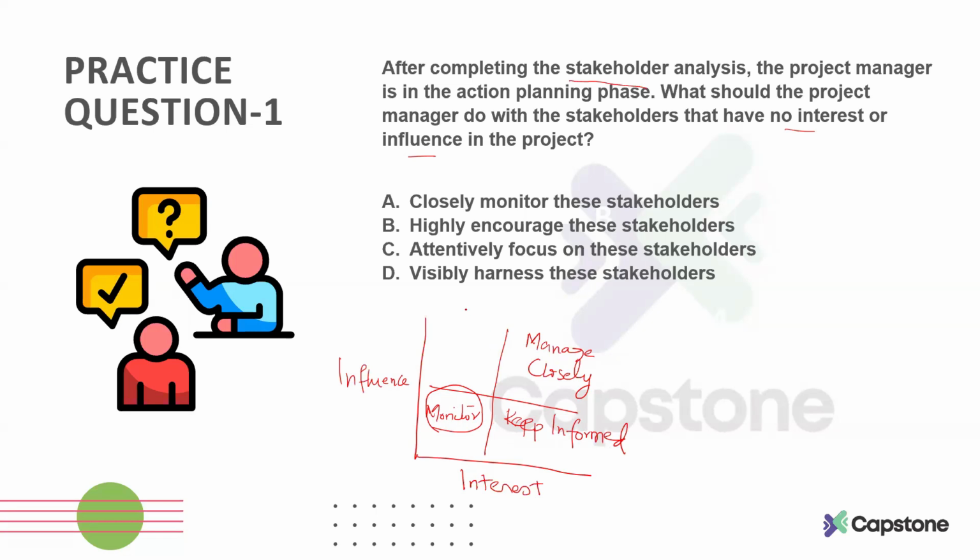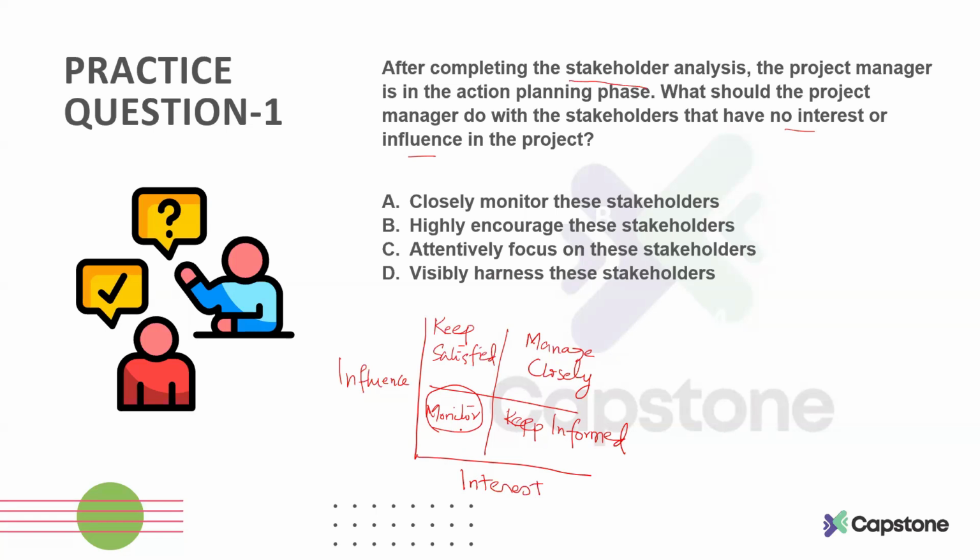And the stakeholders who are low on interest but have high influence, what do we do with them? Any idea? Anyone? Highly prioritize. Keep them satisfied. Yes, good, Ahmed.